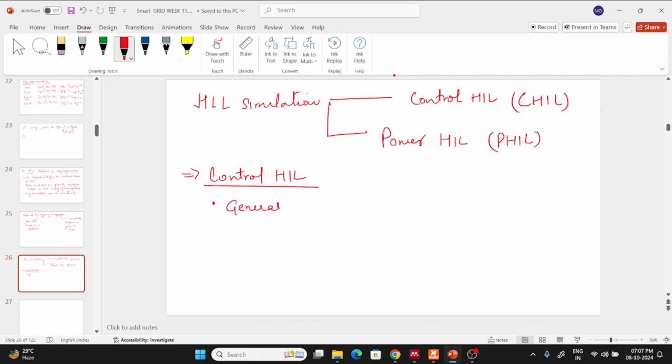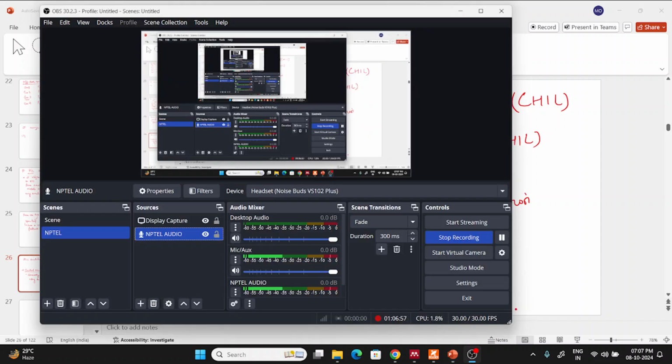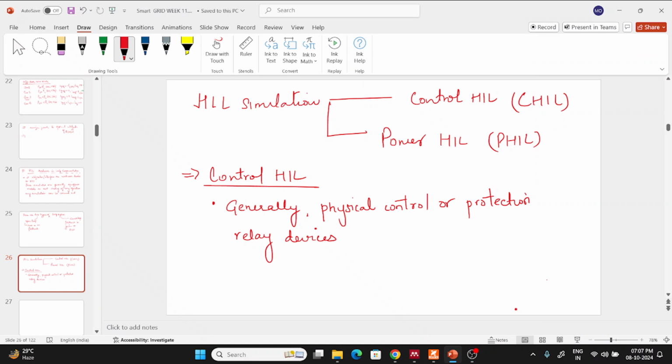What it does here is that generally physical control or protection relay devices are interfaced with the real time simulator.